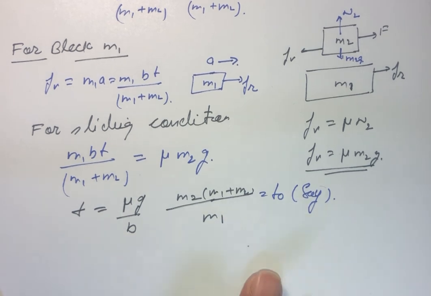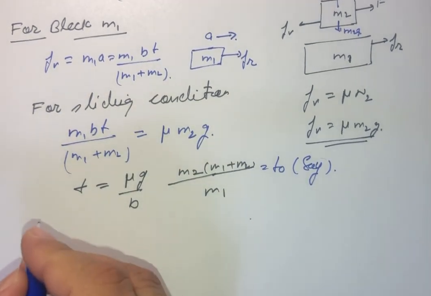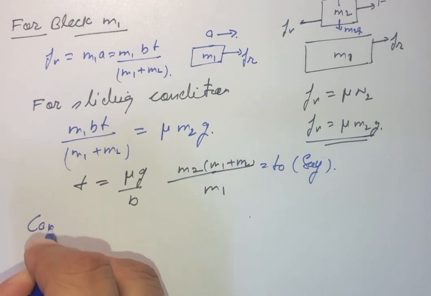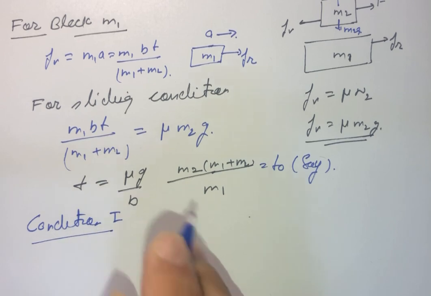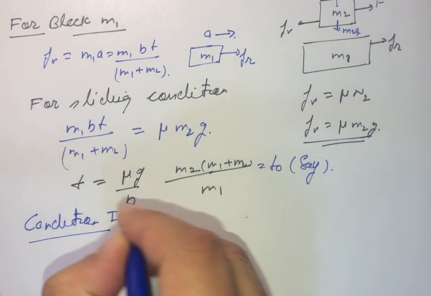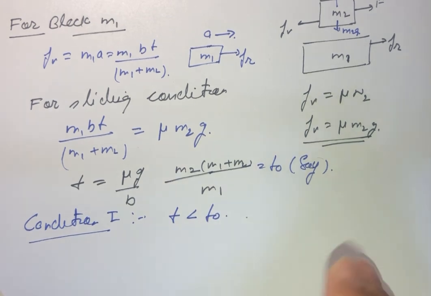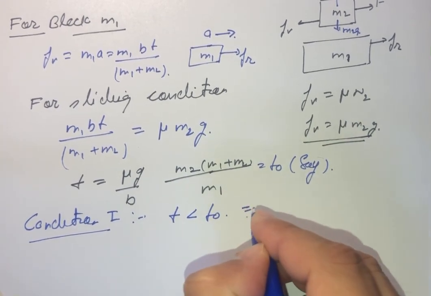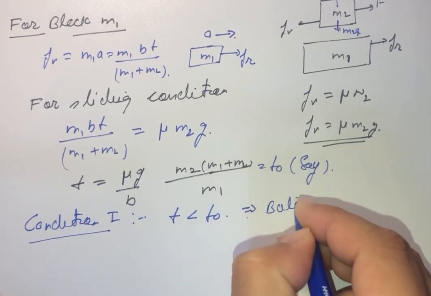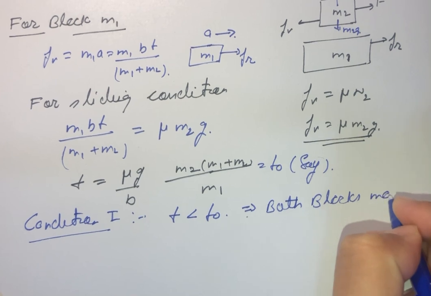So now we are going to have two conditions. Condition 1, which states that if t is less than t naught, then under this condition both blocks move together.